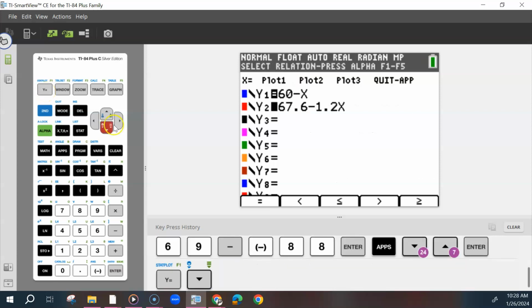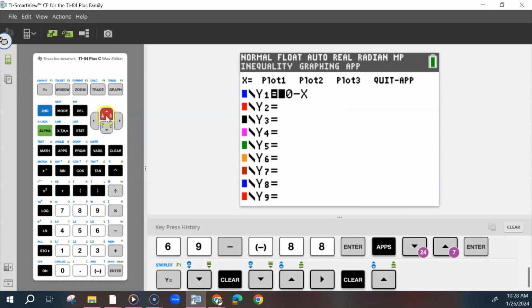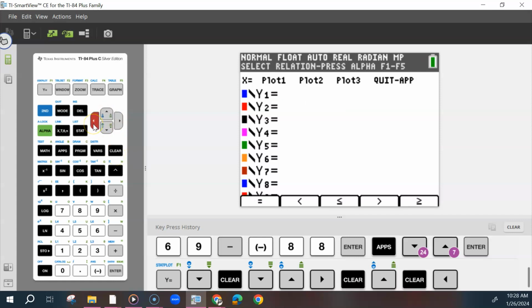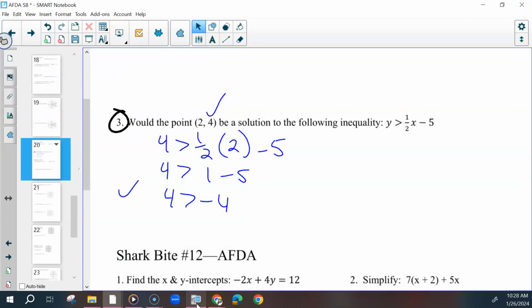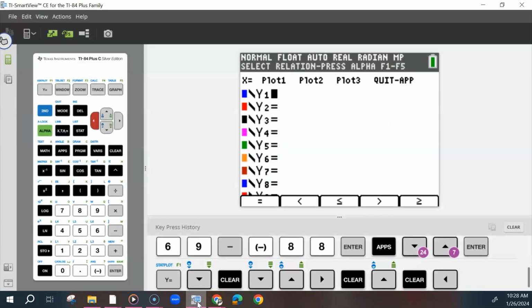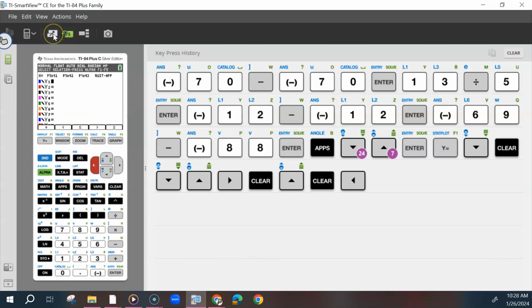I have stuff in here that I'm going to figure out. And then if you hover over the equals, you can change the sign to greater than by hitting alpha trace.